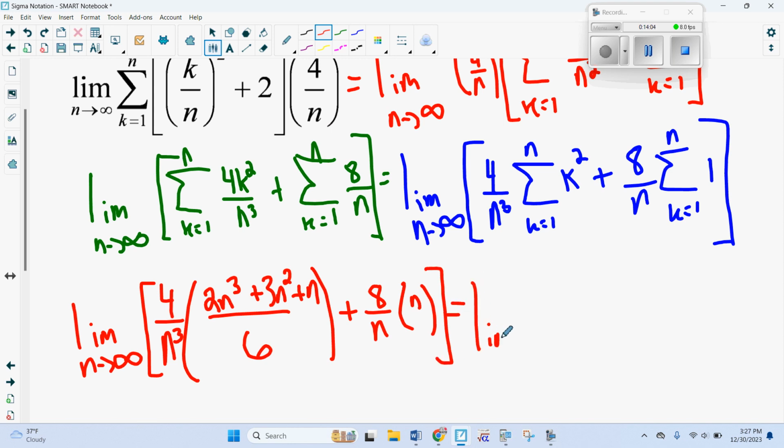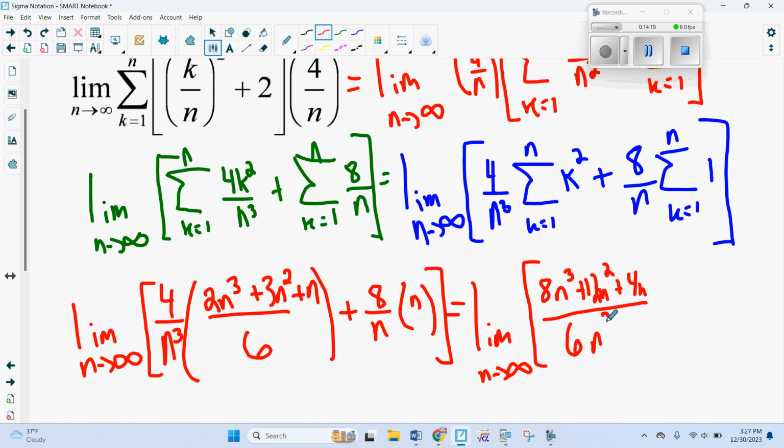So this is going to give me the limit as n goes to infinity of 8n cubed plus 12n squared plus 4n all over 6n cubed plus 8n over n.